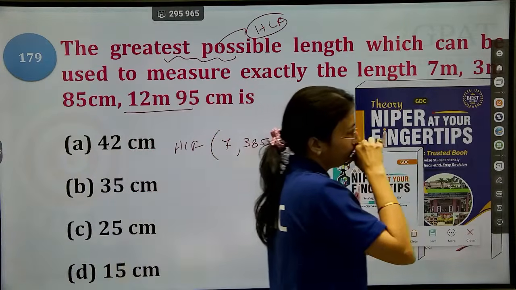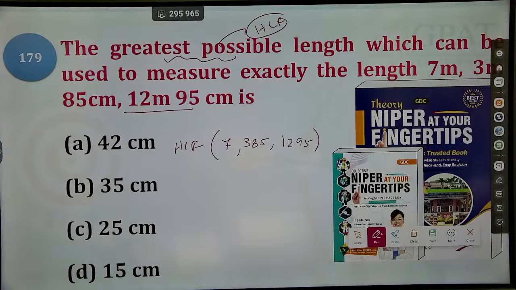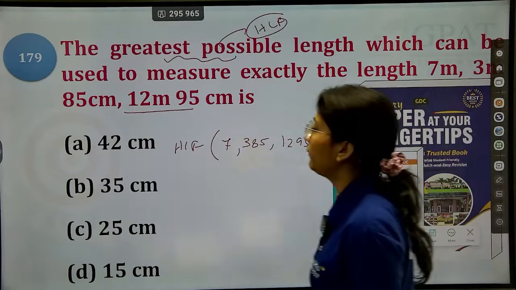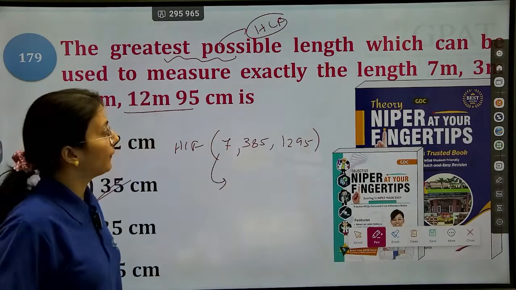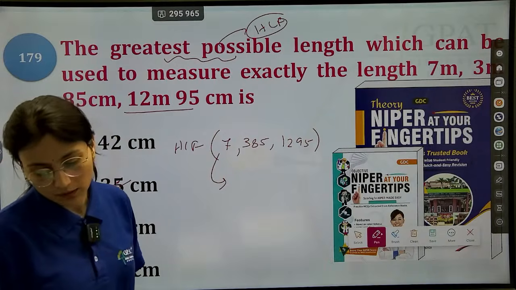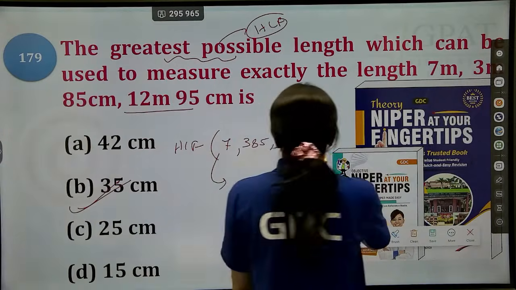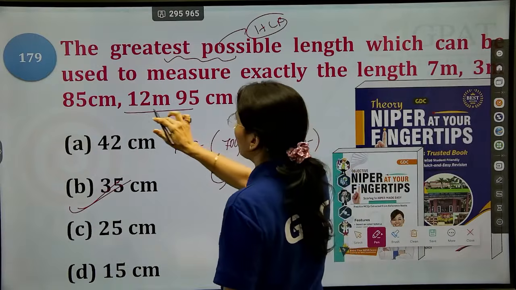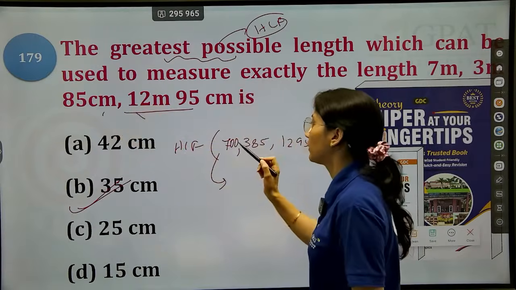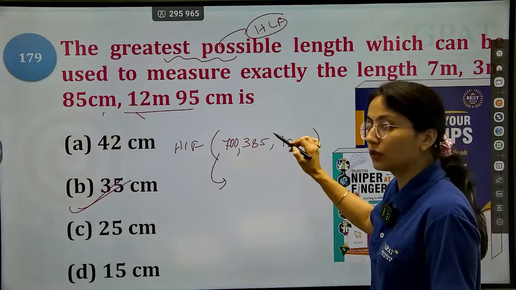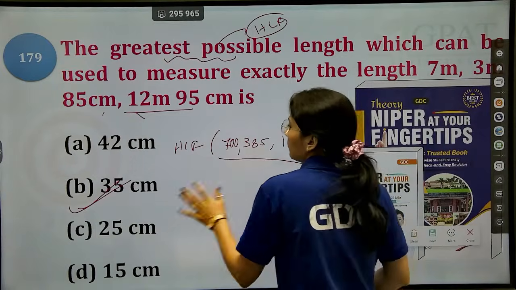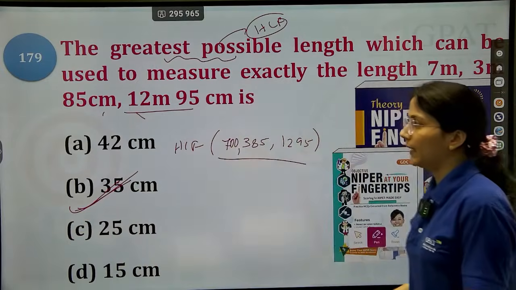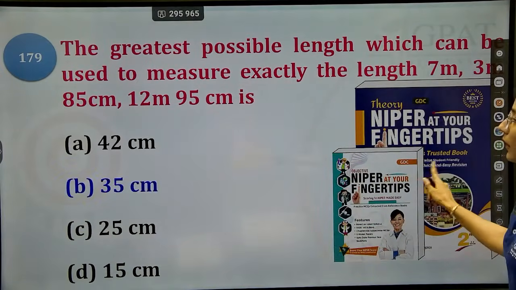Here we take 700, because all are in meter and centimeter. So 700, 385 and 1295. When we find the HCF of all three numbers, we will get 35 centimeter, option number B.